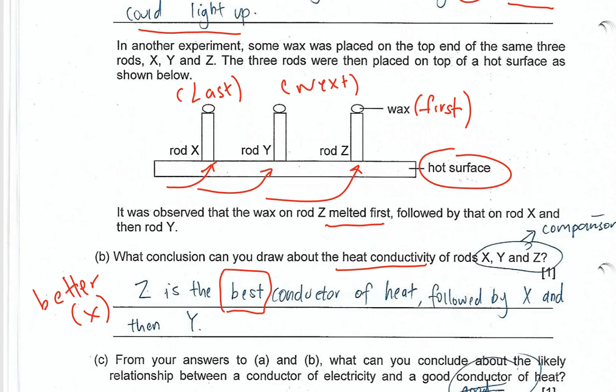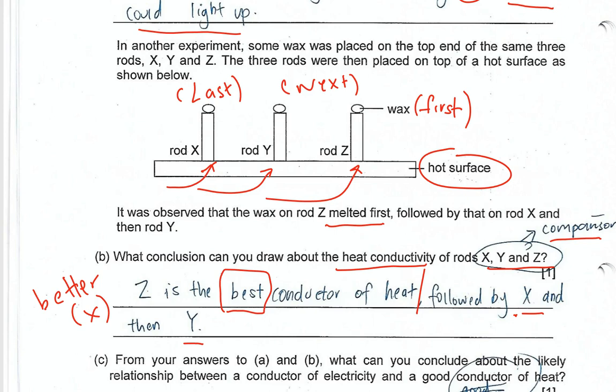So Z is the best conductor, and then of course because you are comparing against 3 different things, you also have to talk about the other 2, followed by X and then Y. If you stop your answers by only talking about Z, okay, you will not get full marks, because a comparison requires you to talk about all the things that have been compared.